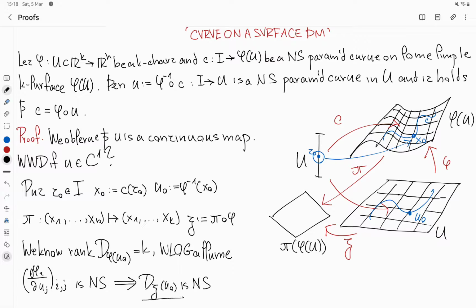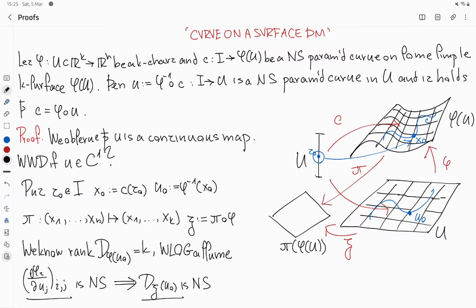Because this is precisely this. It is the first k by k submatrix of this larger Jacobian. They are the same because G is defined as phi composed with the projection pi.